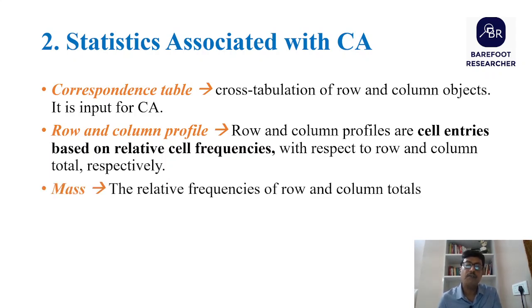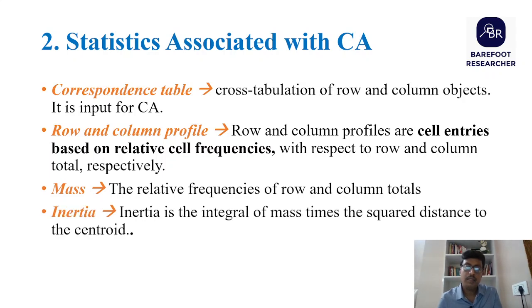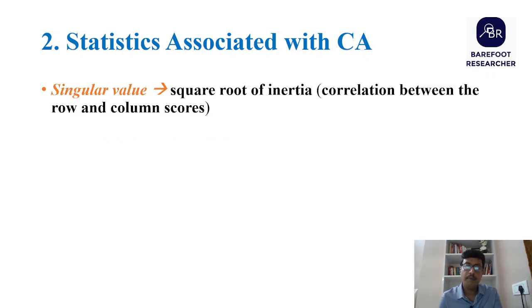Now mass is the relative frequency of the row and column totals. And then we come to inertia. Inertia is basically the integral of mass times squared distance to the centroid. And very importantly, we have the singular value. The singular value is basically the square root of inertia. Just now I showed the inertia.